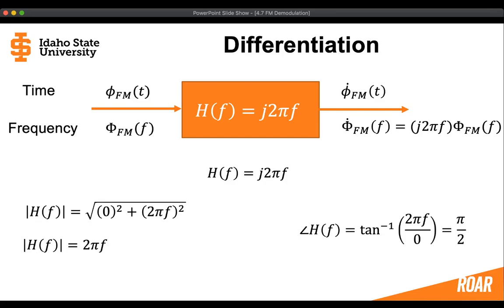So if we pass a frequency modulated signal through a transfer function that has the frequency domain response of j2 pi f, then we will be able to get the derivative of our frequency modulated signal.